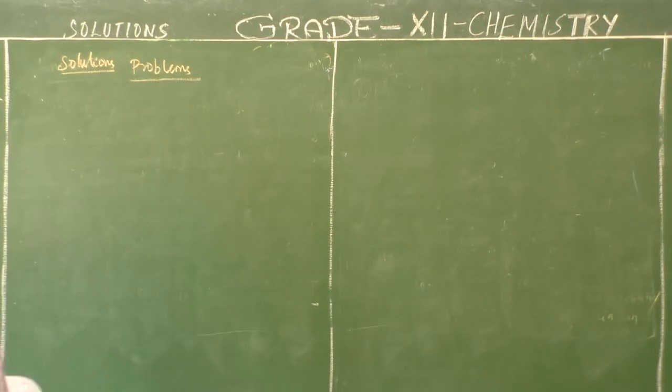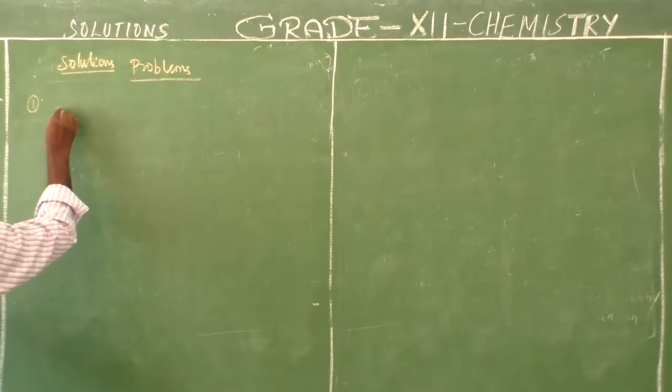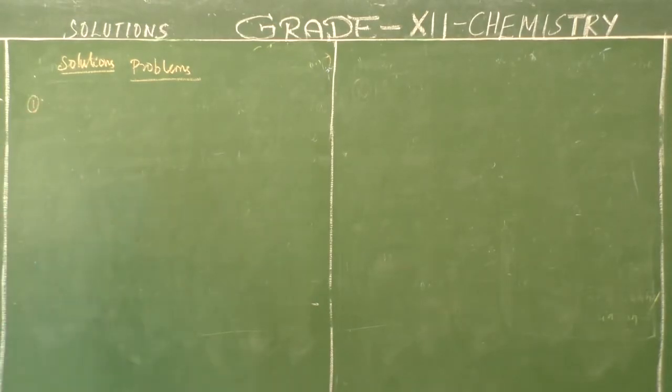First question, for abnormal molar mass. This question is not asked in board exams, but you should learn it for NEET also.